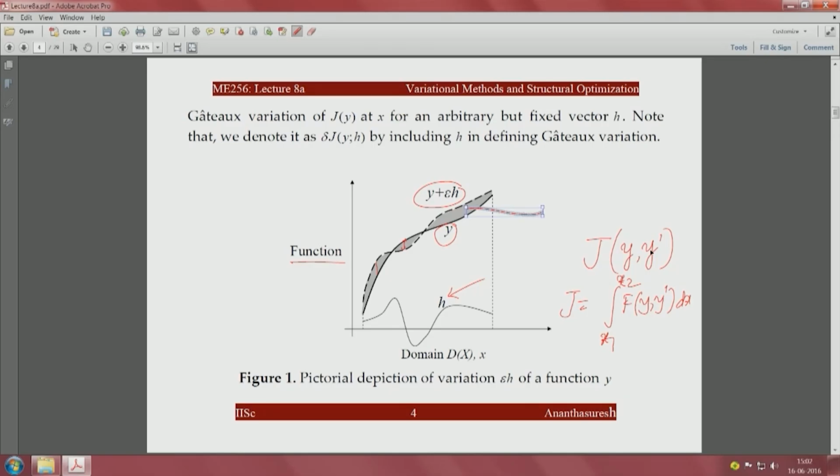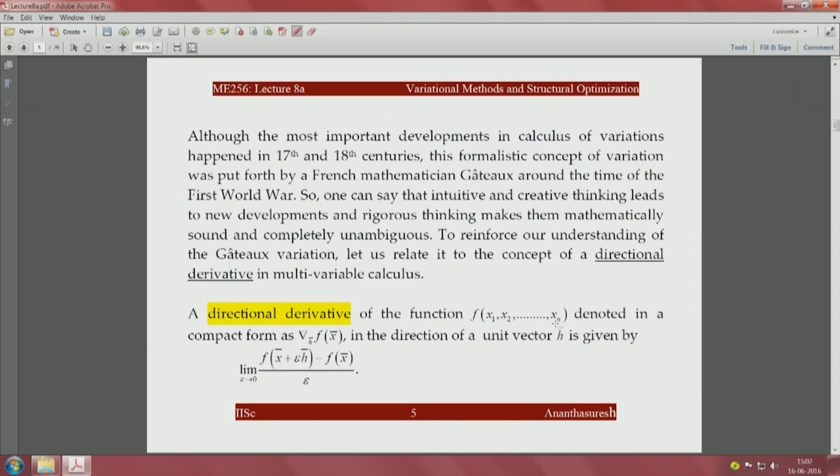So, that is dependent on y, and how does it change if y is changed to y plus epsilon h and epsilon tends to 0? When y becomes y plus epsilon h, y prime will become y prime plus epsilon h prime. Now, what happens to this j when we make this epsilon tend to 0 is what we want to discuss.